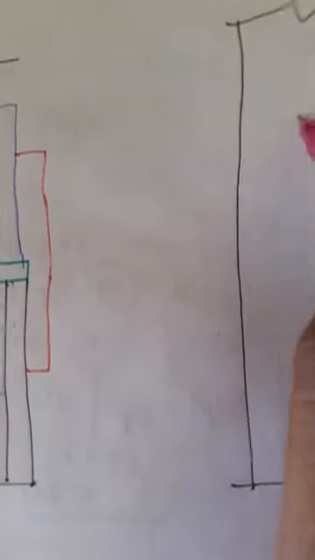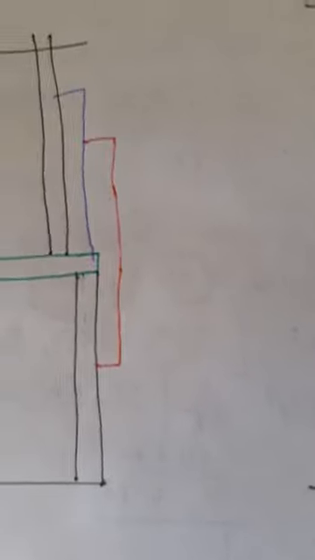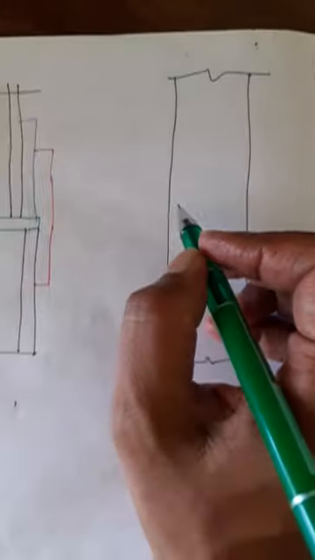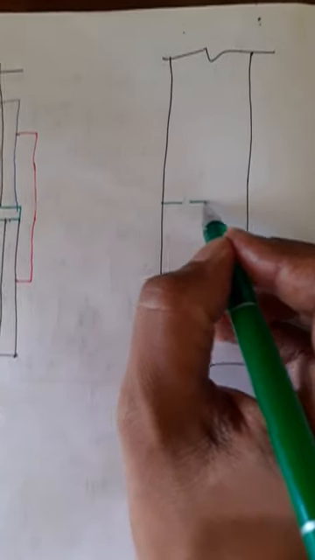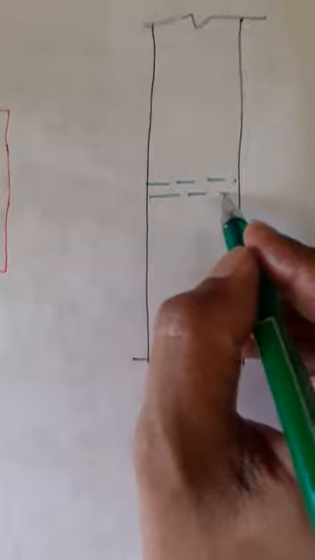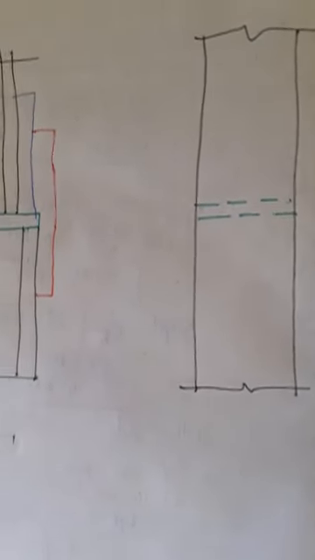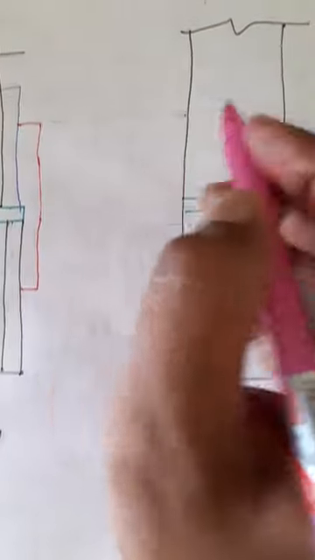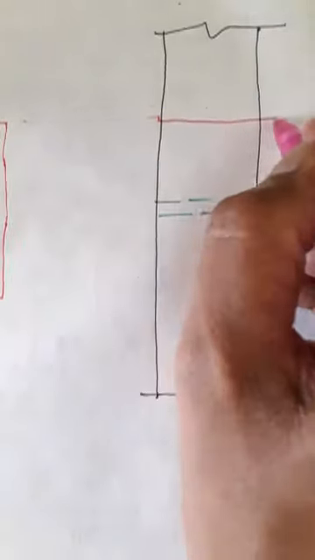Its front view is seen something like this. This filler plate portion is here. Now flange plate portion is here.